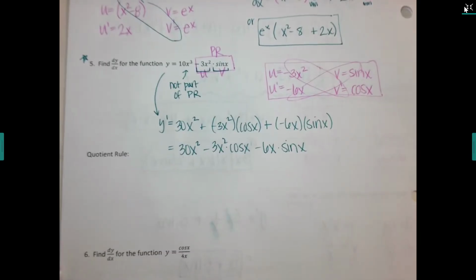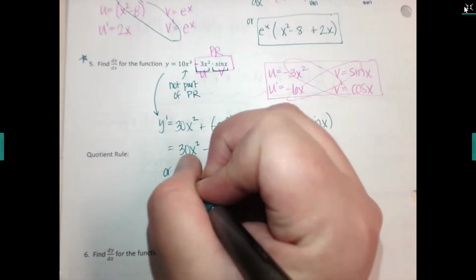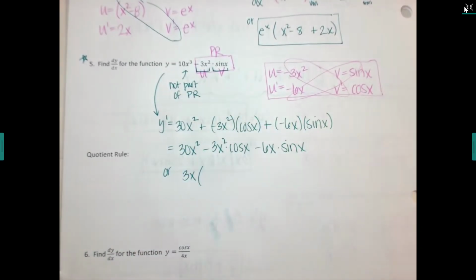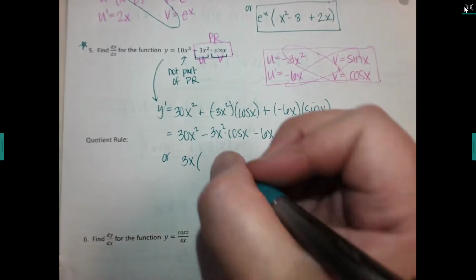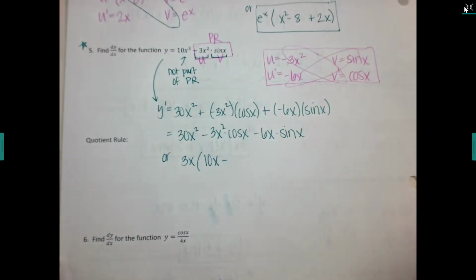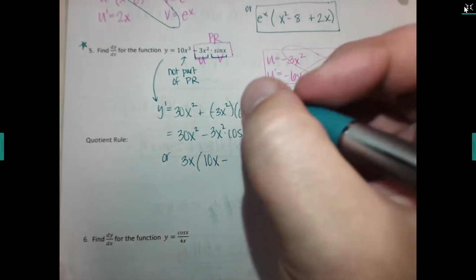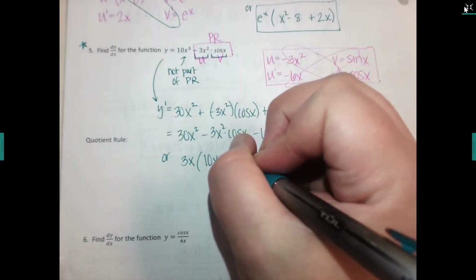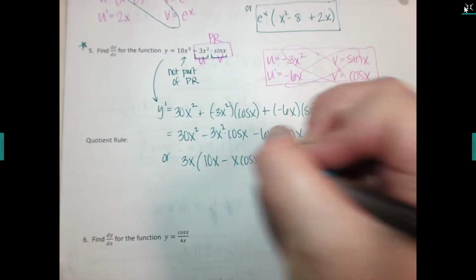Is there a GCF that all of those terms could divide by? Very good, 3x. So my 30x squared would now be just a 10x. My 3x squared would now be just x cosine x.